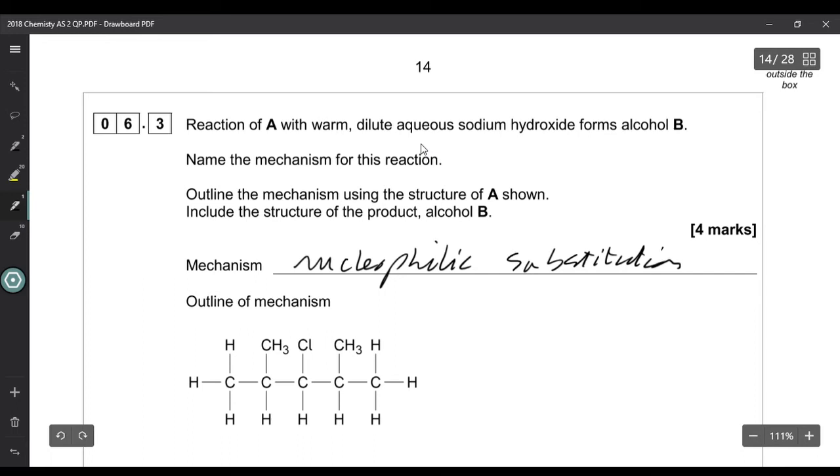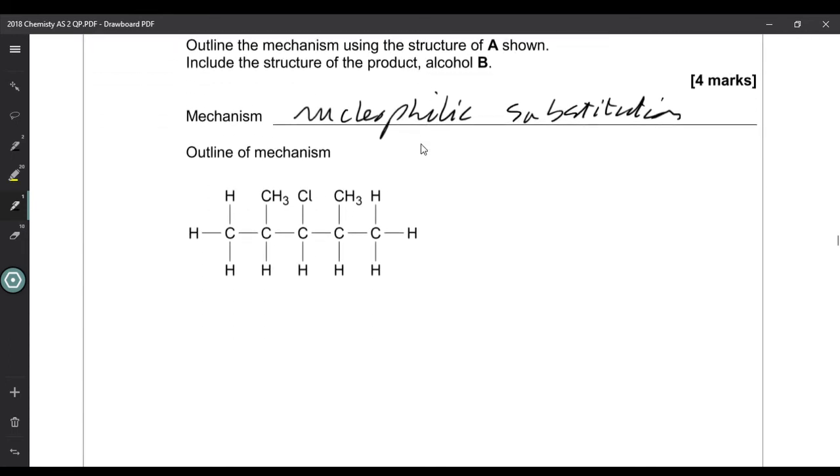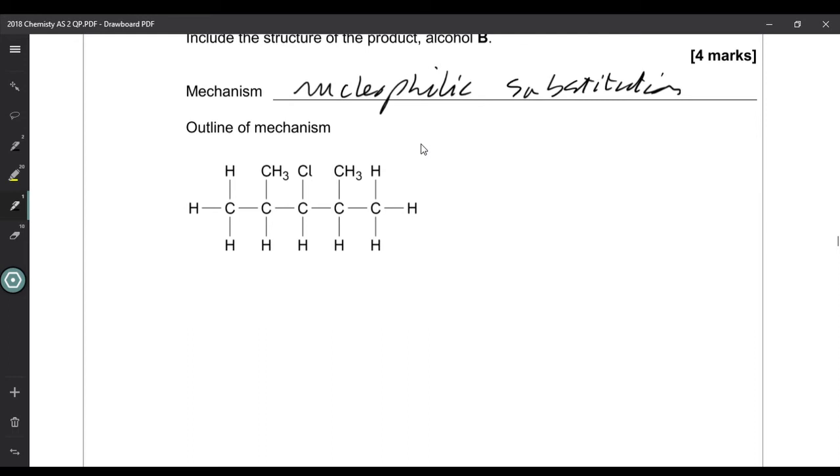So now we've actually got to draw the mechanism when it reacts with sodium hydroxide. We're going to have an OH species down here. The first thing that's going to happen is we're going to have a curly arrow going from the lone pair on the OH to the carbon of the carbon-chlorine bond.